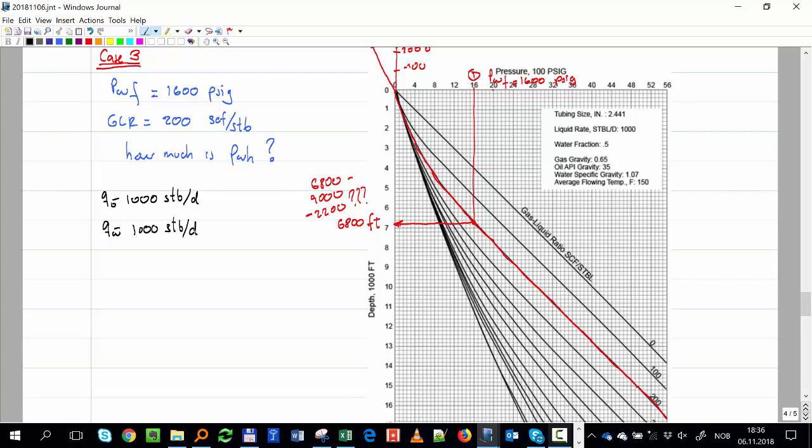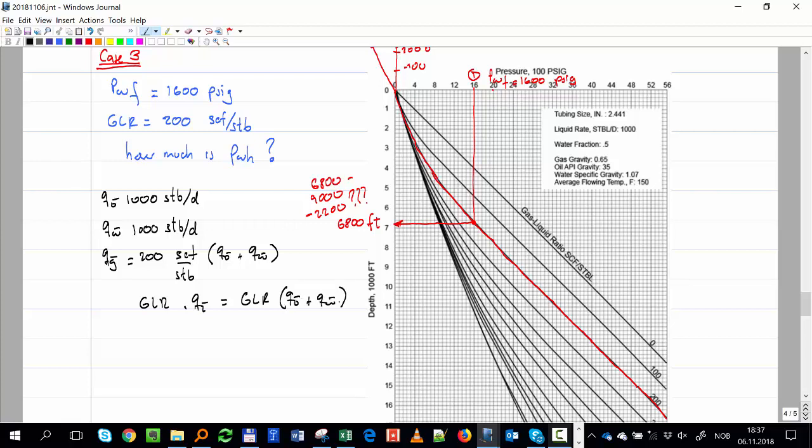It's producing 50-50. And Q gas, how much is that? It is 200 standard cubic feet per standard barrel times Q oil plus Q water. So it's the gas liquid ratio times the Q liquid, and the Q liquid is simply Q oil plus Q water.